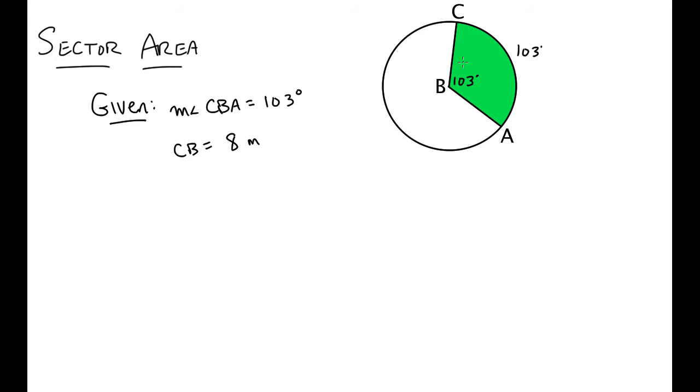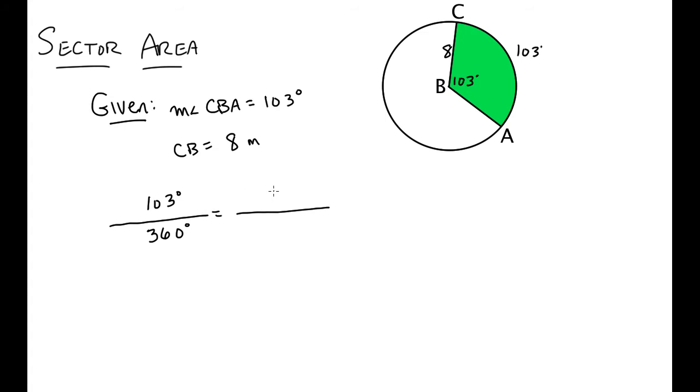All right, so to find out how much space is in this shaded green region, we're going to set up a really big proportion. The proportion is when we have a fraction equal to a fraction. The first fraction is going to be our degrees. So what you want to do is put 103 on top, and then put the whole circle on the bottom.